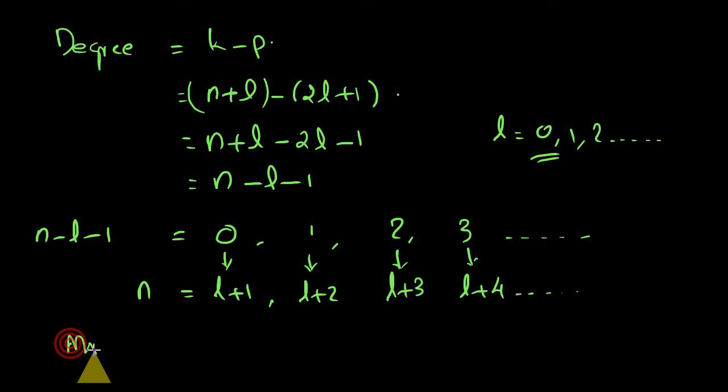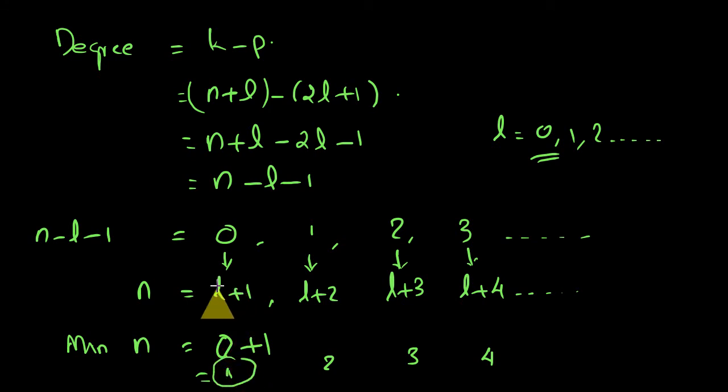The minimum N is equal to the minimum value of L, that is 0 plus 1, that is equal to 1. Then 0 plus 2, that is equal to 2, then 0 plus 3, then 0 plus 4, etc. So these are the minimum values of N.